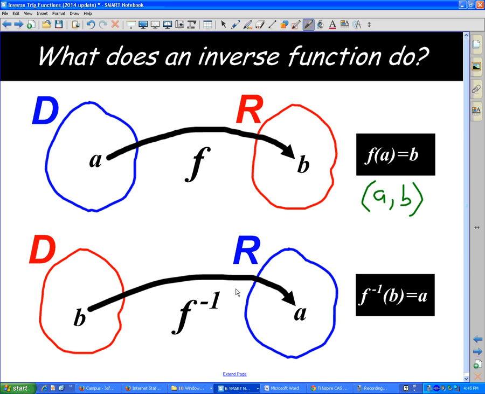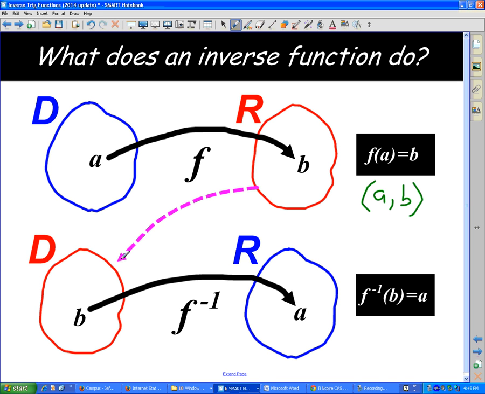It wants to take all of the elements from f's range. You can see that the range for f was a red set, and that same red set is now the domain for f inverse, that same set of numbers.